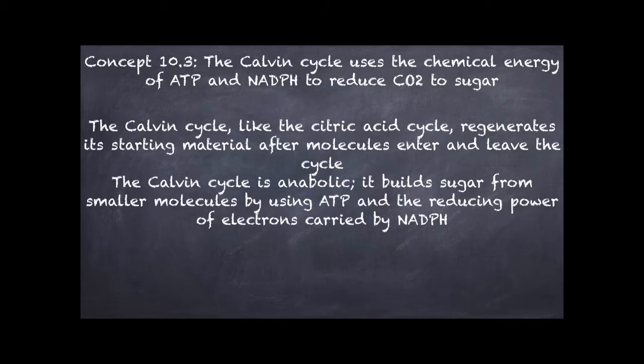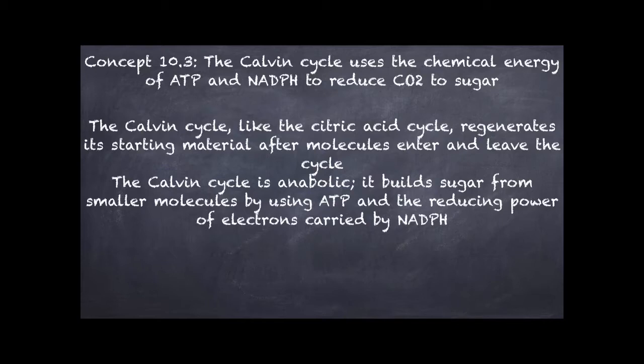So the Calvin cycle and citric acid cycle both have starting materials that they can remake once they get used up. So it kind of goes in a circular process of being used and then remade. The Calvin cycle is anabolic, so that means it builds things from smaller molecules. It builds sugar from smaller molecules, and it uses energy from ATP to do it.